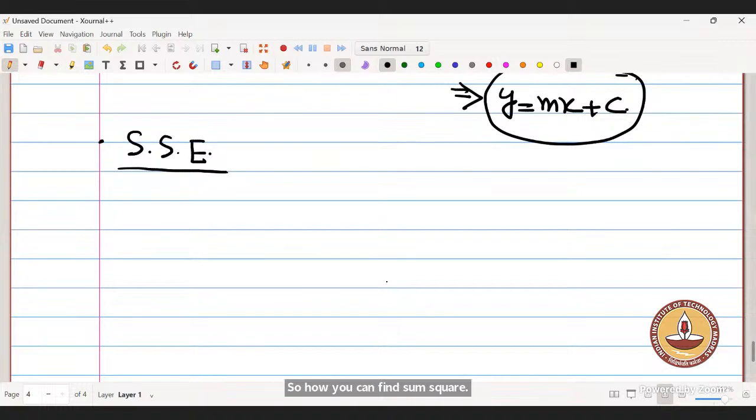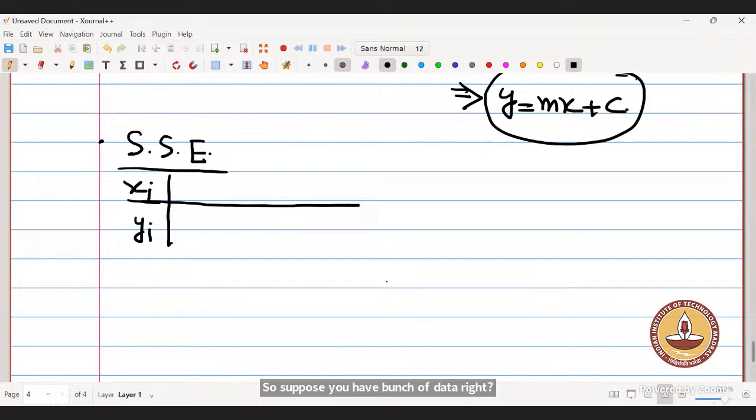Suppose you have a bunch of data, right? xi and yi, let's say (1, 2), (2, 3), and let's say (3, 4).